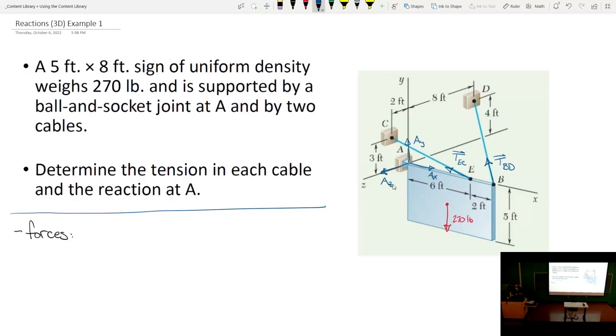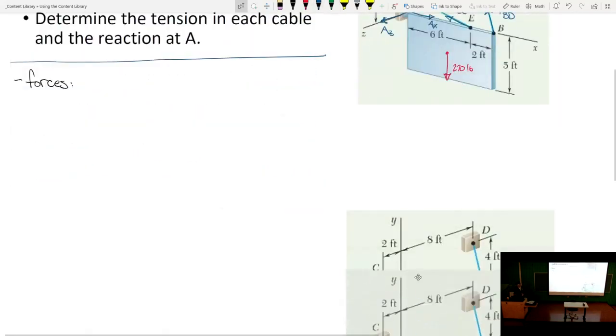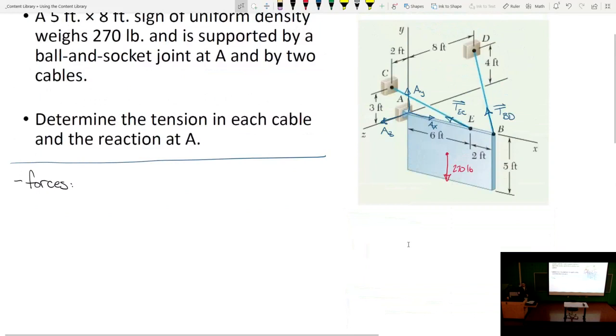So let's look at our force vectors. We have 4 of them. Let me move this down a little bit because I'm going to refer to that later. So the first one, which I'll call the A vector, is just going to be this.